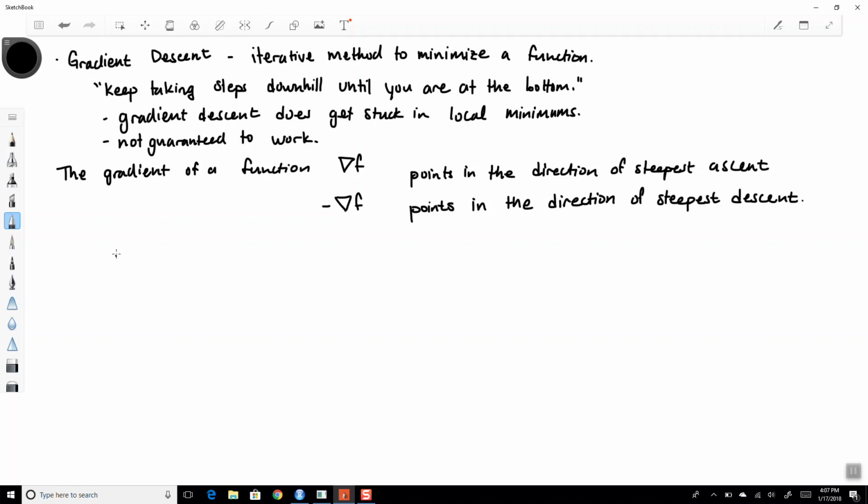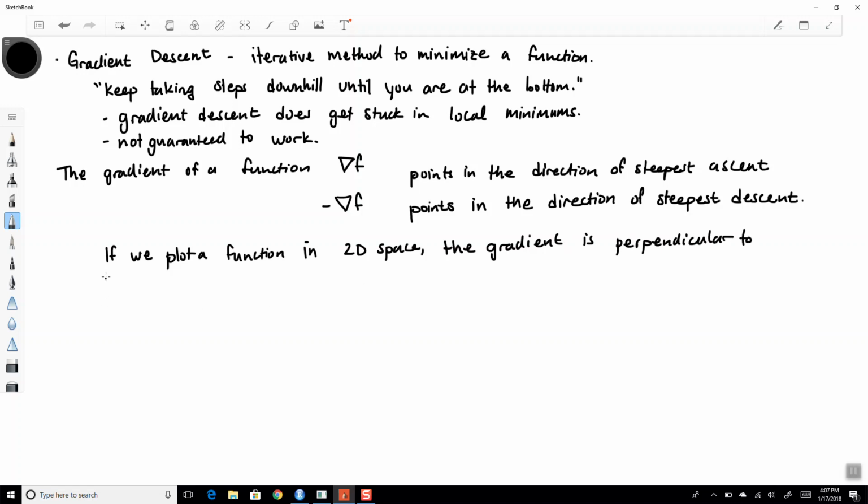And then if we plot a function in 2D space, the gradient is perpendicular to tangent lines of the contours of f.